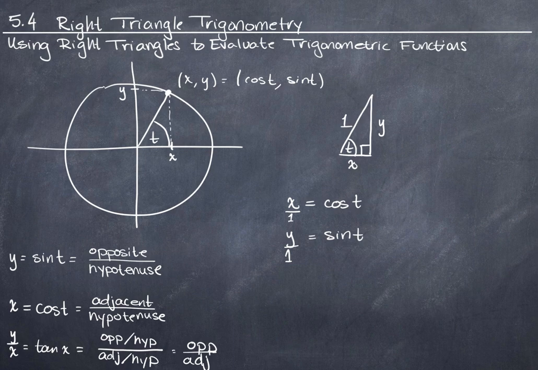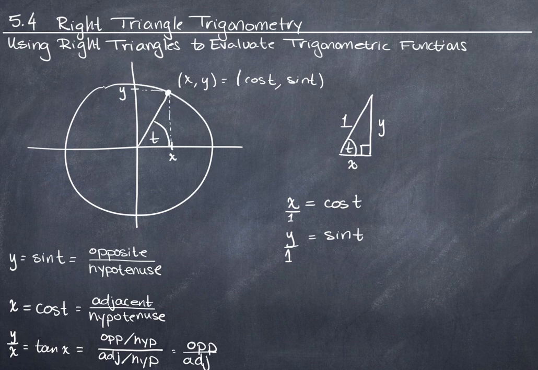All right, let's do a really quick recap here. One way to write the sine of an angle is as the y-coordinate of the point where the terminal ray of the angle intersects the unit circle.